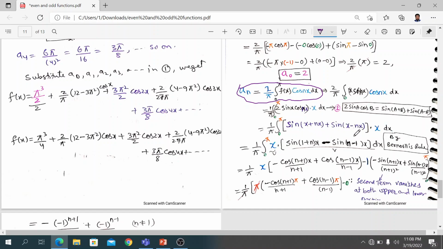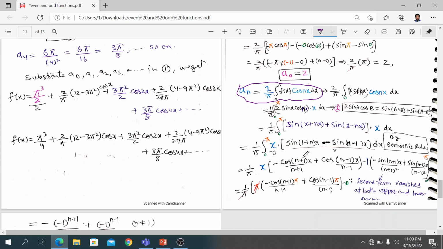So using Bernoulli's rule, x is u, with derivative of x being 1, and the integration of v: integration of sin gives minus cos n plus 1 x by n plus 1, and sin n minus 1 integration gives minus cos, minus into minus plus cos n minus 1 x by n minus 1, and the next integration gives minus cos n plus 1 x by n plus 1, integration gives minus sin n plus 1 x by n plus 1 whole square, like this one.